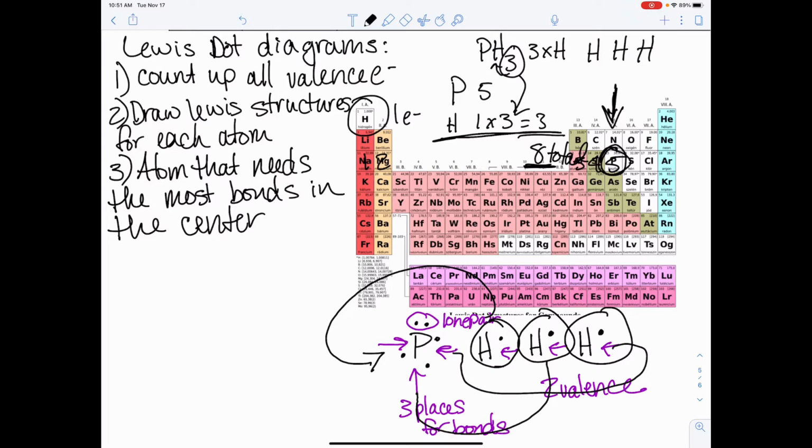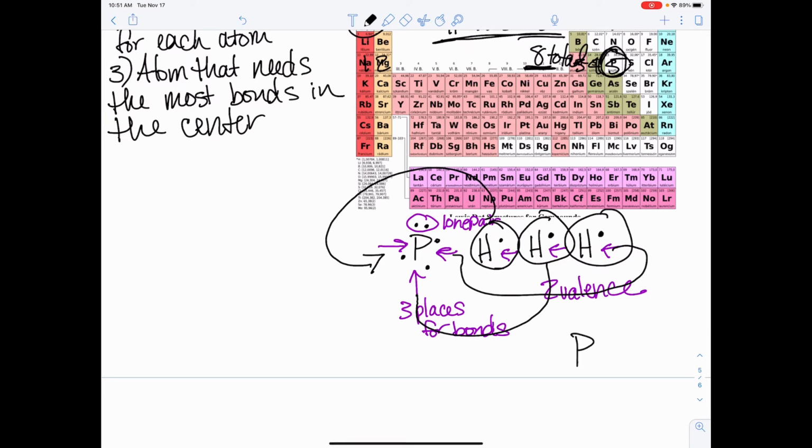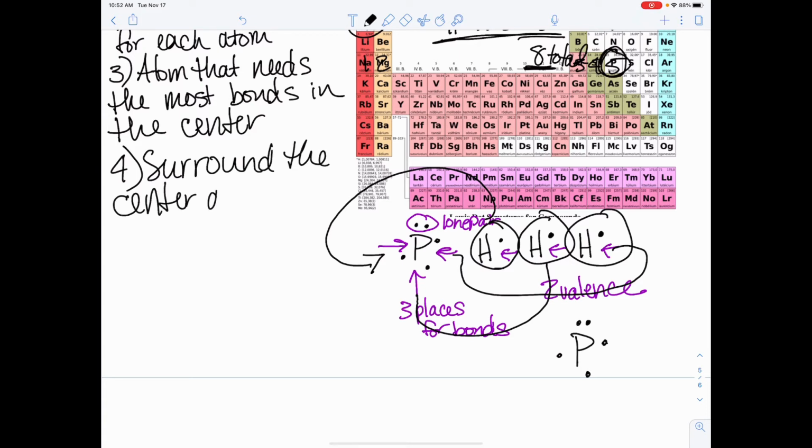So it's pretty easy to see how you can put the phosphorus in the center, give it its 5 valence electrons, and then you're going to surround the central atom with whatever you have. And remember that chemistry likes symmetry.